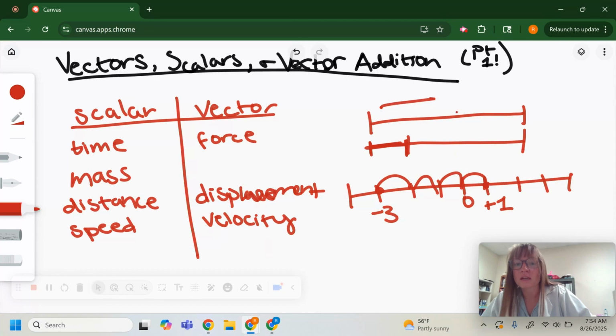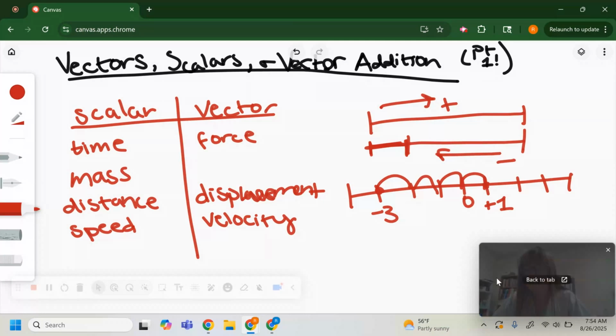The whole time that you're traveling to the east, your velocity is positive because we say that you're moving forward. But the whole time that you're going back this way, your velocity is negative because you're moving backwards, going in the opposite direction.